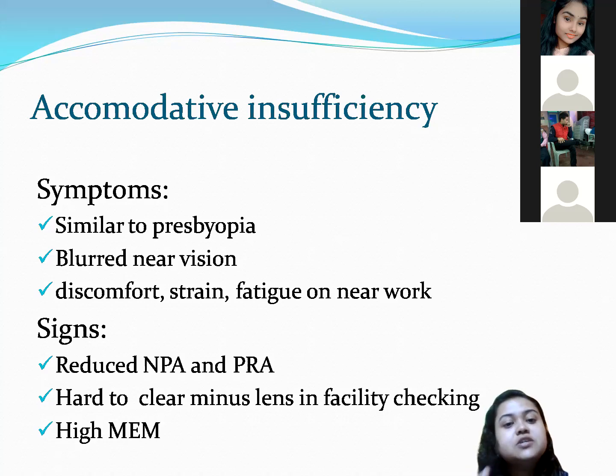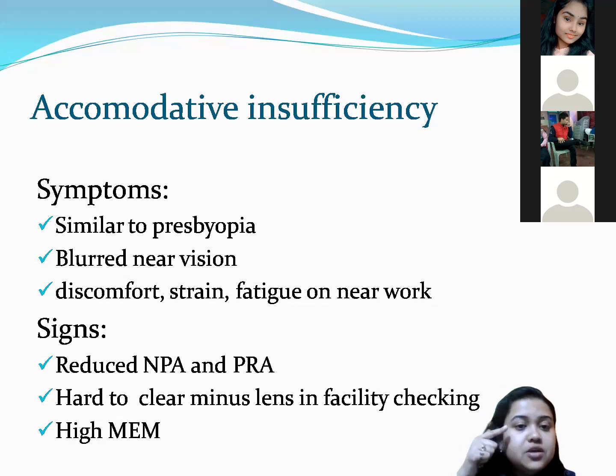Now you tell the patient to blink and make it clear. If the patient cannot make it clear, that is the first sustained blur. That is what we note down in the push-up test.